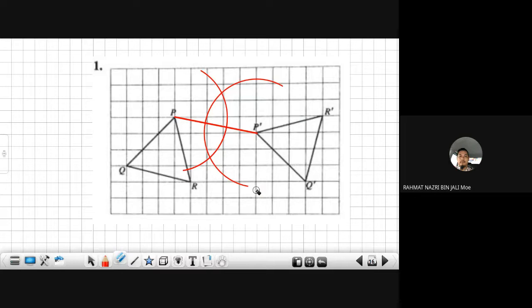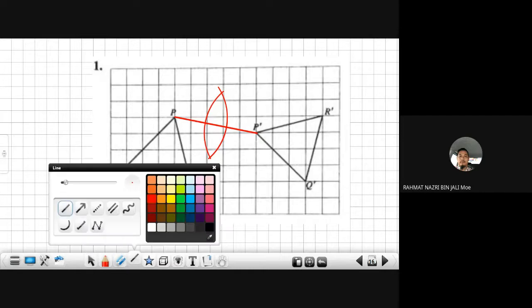Okay, let me clear the extra one. We don't want this extra. So I get two intersections here. First one and second one. So these two intersections I connect with a straight line.